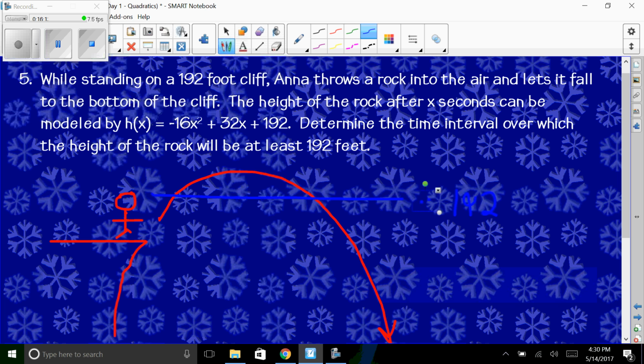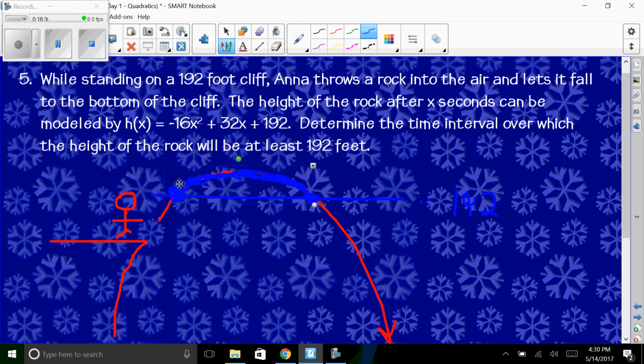If I were to sketch the picture again, you can equal 192 or greater. So it's got to be at least that. So 192 or higher. That's the answer I'm looking for there. Determine the time interval over which the height was at least 192 feet. Okay, so that's what we're trying to find.